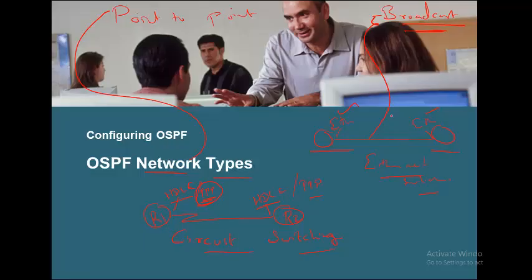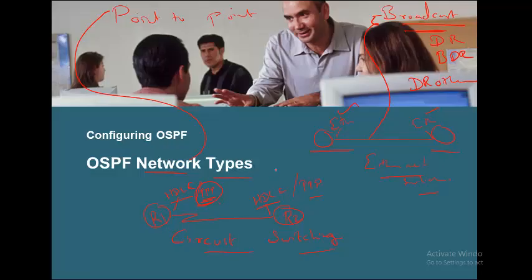If it is broadcast network type, there is going to be DR, BDR, and DROther. In point to point, no DR, no BDR. This too you are well aware of.